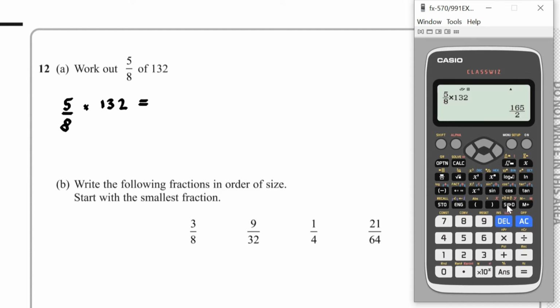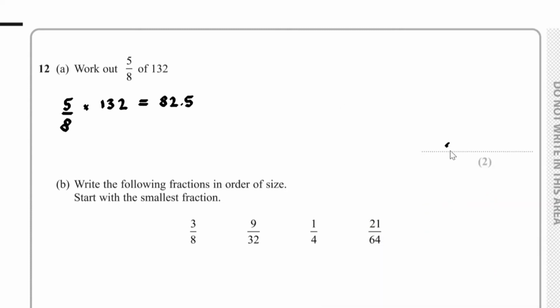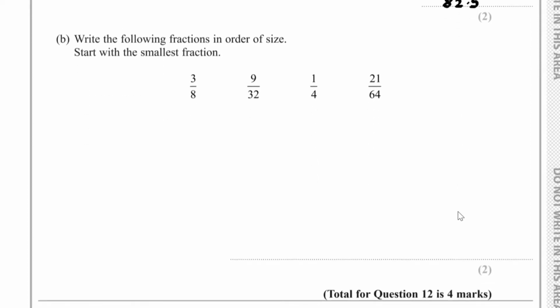It turns out we get 82.5. So we have 82.5. For part B, we have to write the following fractions in order of size. Start with the smallest fraction.